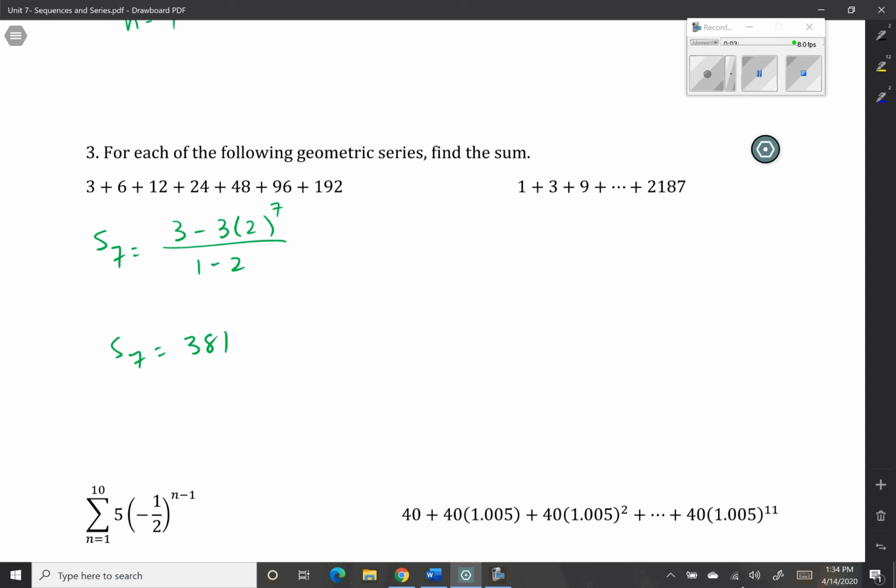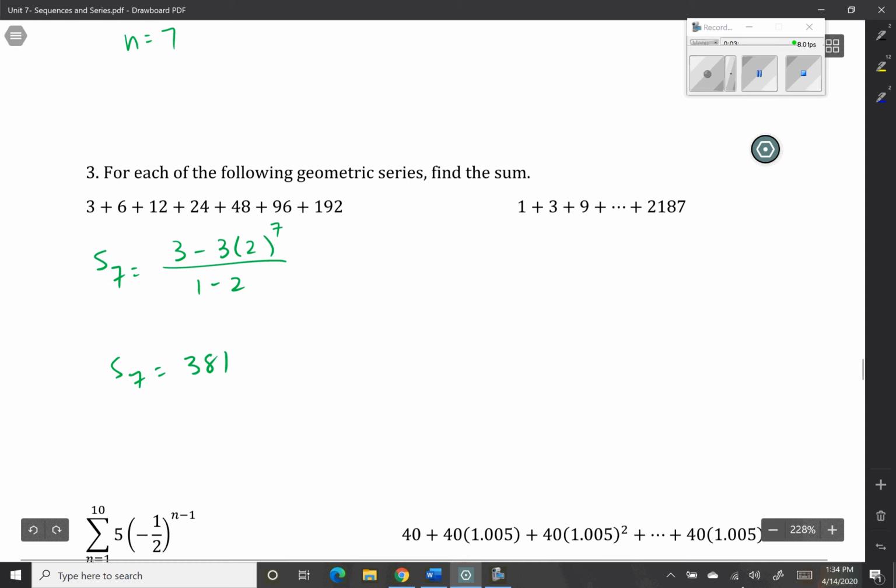Now, not all of them are going to give you all the terms like this next one. To find this sum, we have to figure out how many terms there are in this series that would give us that last value. I know that the first term is 1. I multiply by 3 each time. So my explicit formula is that any term of this sequence is going to be 1 times 3 to the n minus 1.